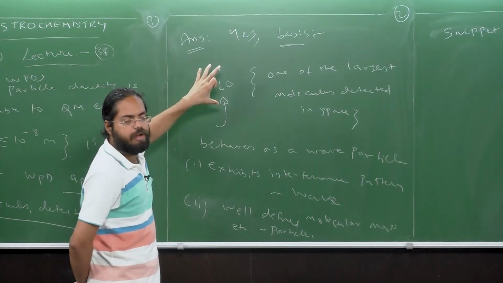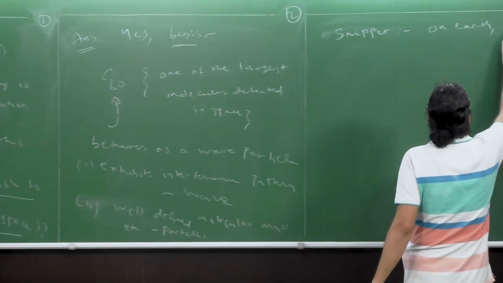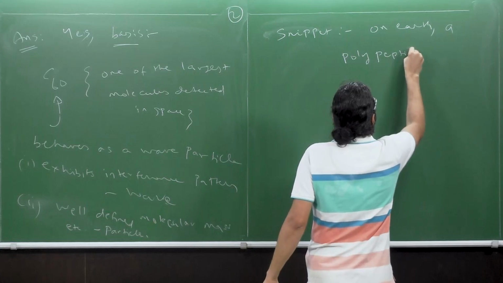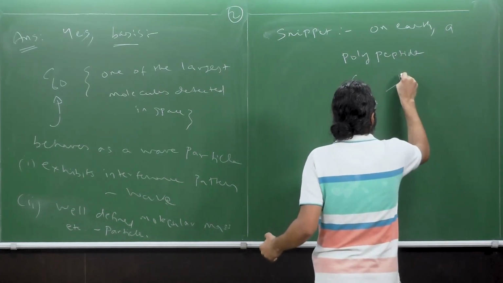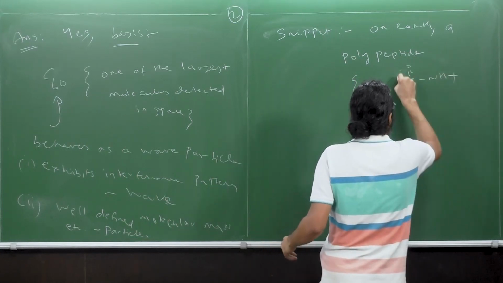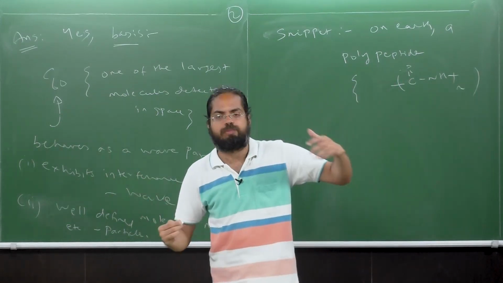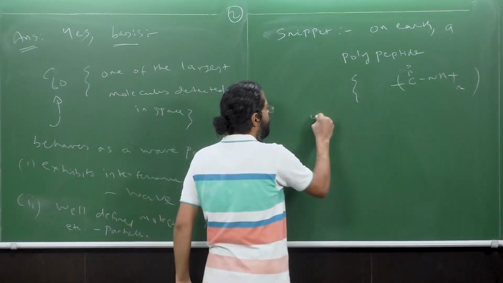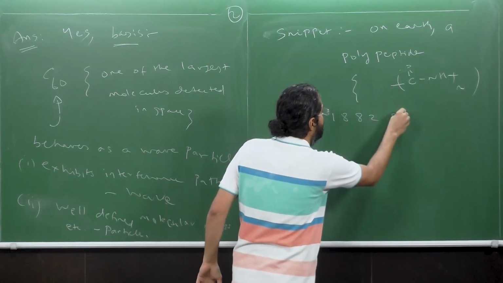That exhibited wave-particle duality. But on Earth, if I'm correct, a polypeptide, when I say polypeptide, I'm talking about a molecule containing this linkage, repeated n times. This is the fundamental unit present in a lot of proteins. This linkage-based molecule weighs close to 1882 grams per mole.